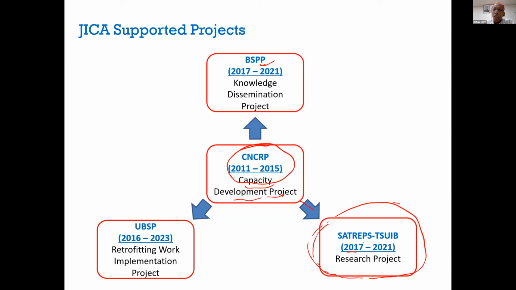Now it is going on as a project of HBRI, started in 2017, and now it may be 2022. And there is another project of JICA in PWD, the implementation project.